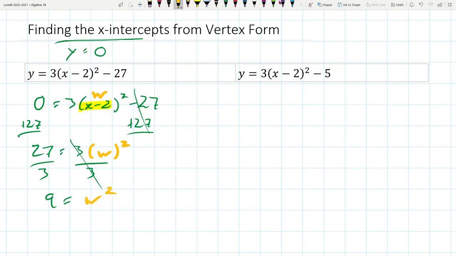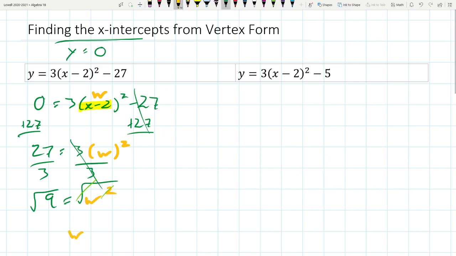Now we undo squaring by taking the square root of both sides. This works because the square root function and the x squared function are opposites, so they undo each other, similar to how addition and subtraction undo each other. Then we get w equals 3.